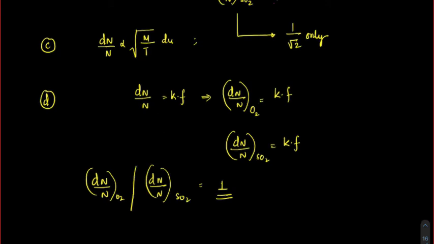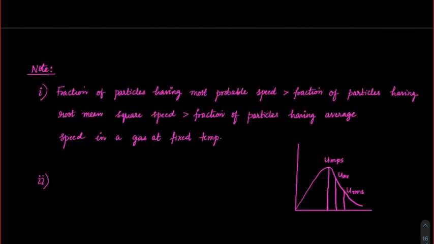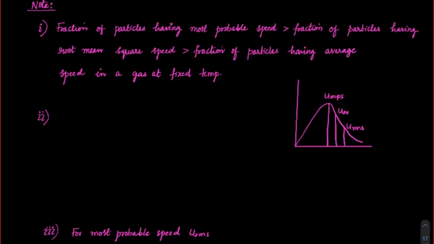This is a previously asked question, so you should be able to work it out once again and get it. Check this out. What are the important conclusions we are getting out of it?